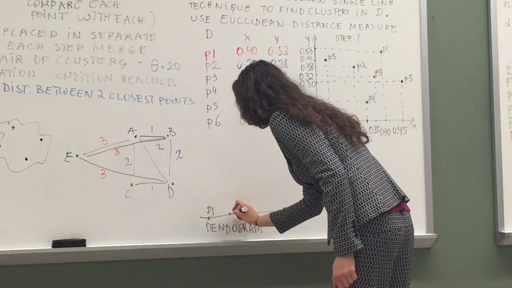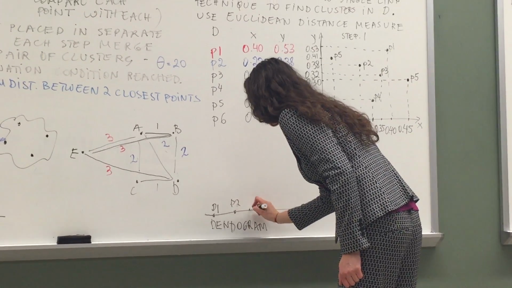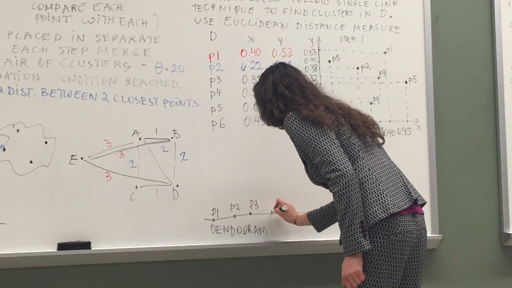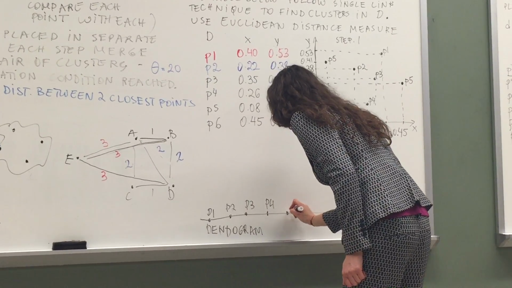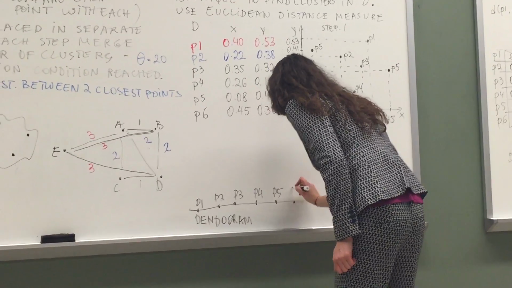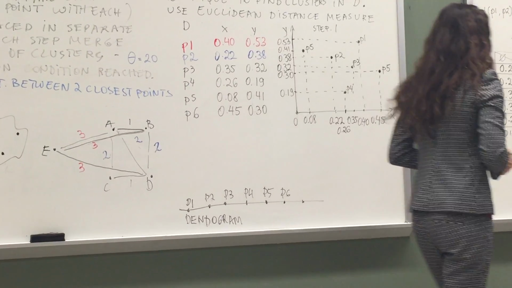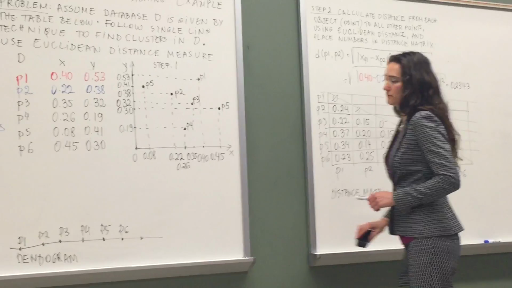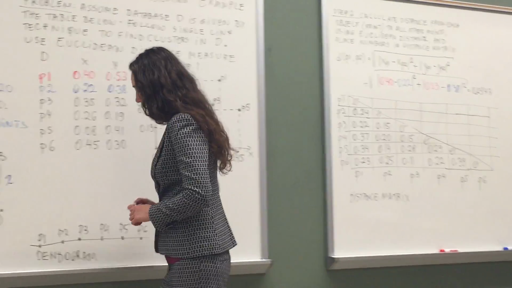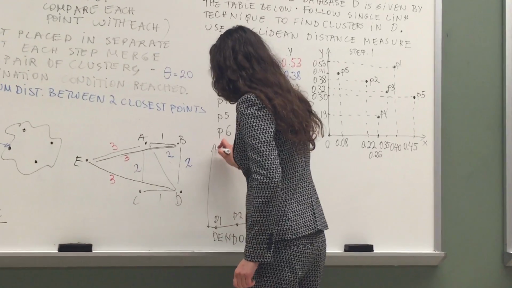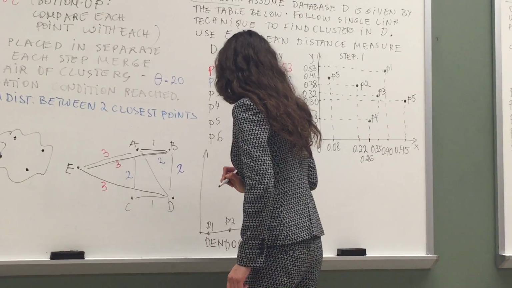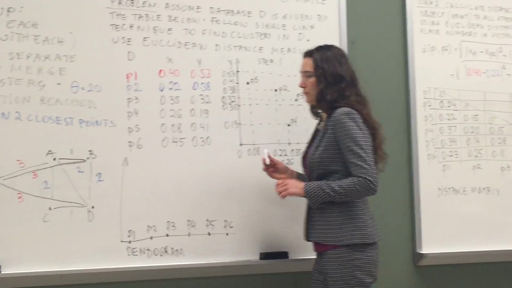Point 1, 2, 3, 4, 5, 6. And then show here at what distance they were merged.